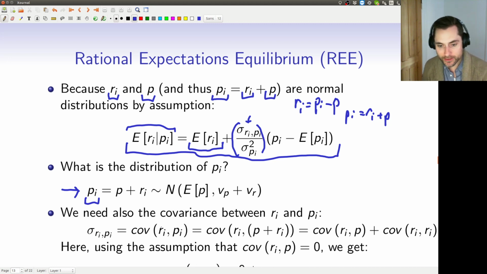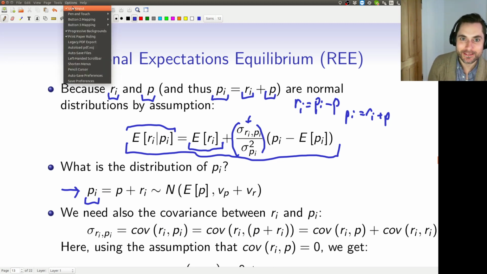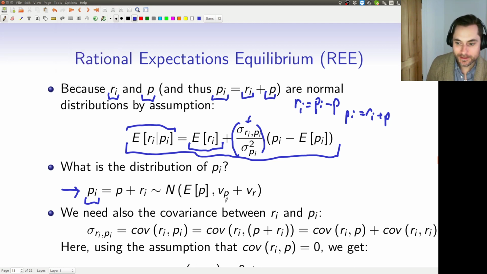So let's write it down here. That's the covariance of Ri and P plus Ri. I guess you can't see my pencil animation. Right, so Pi is equal to P plus Ri. So it's the covariance of Ri and P plus Ri. Well, that's just the covariance of Ri and P plus the covariance of Ri and Ri.